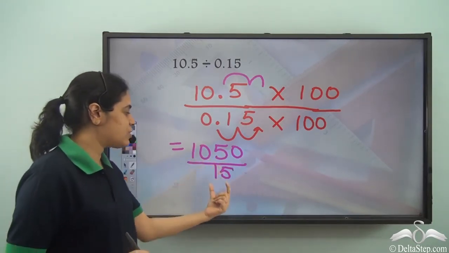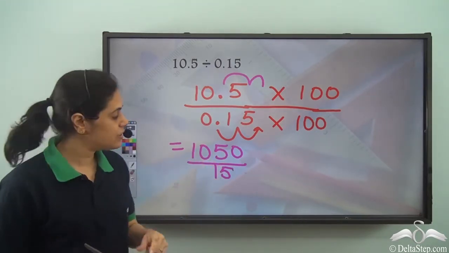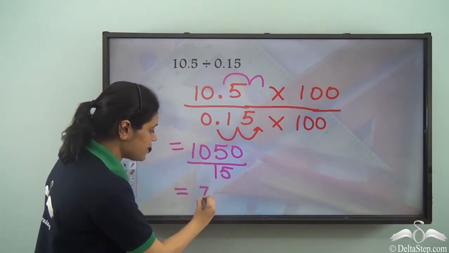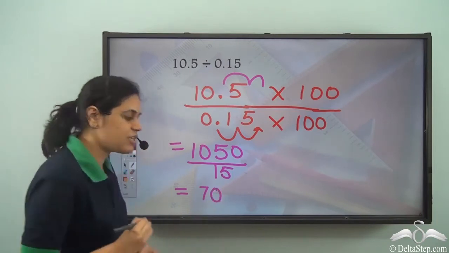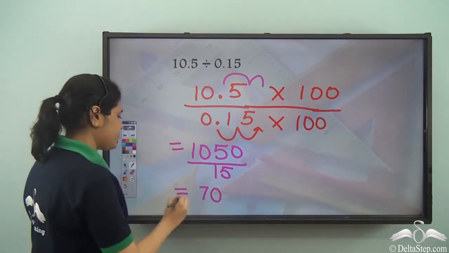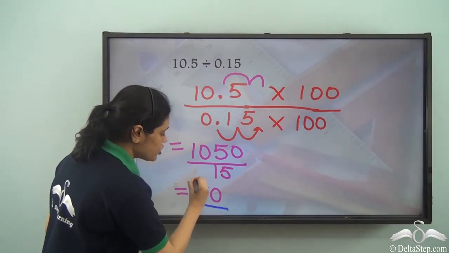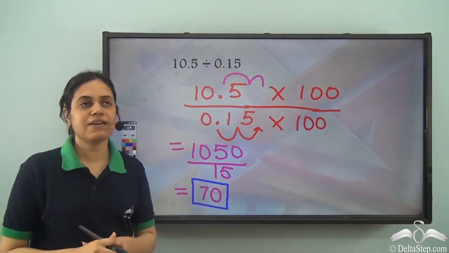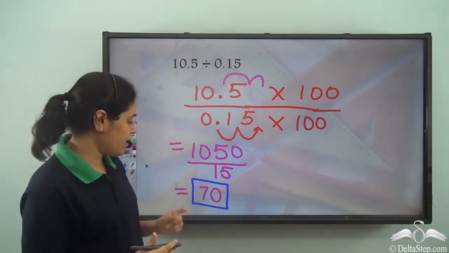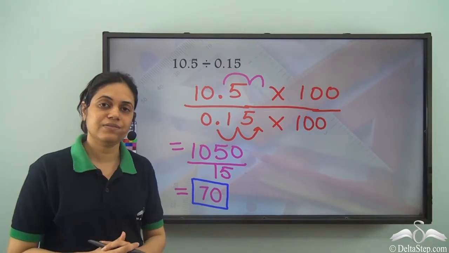Now what is 1050 divided by 15? So 15 goes into 105 7 times and there is a 0 here. So it is 70. So the quotient or the answer is 70. So 10.5 divided by 0.15 gives us 70.